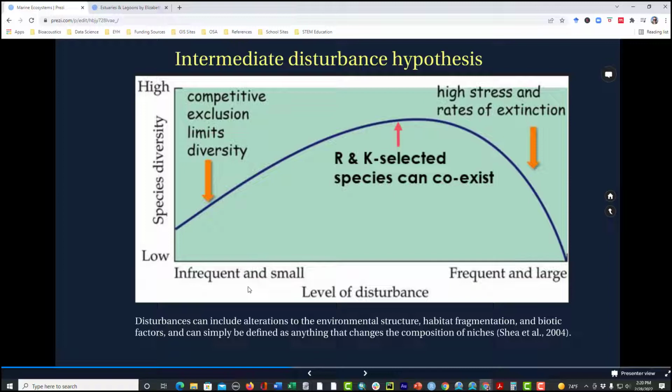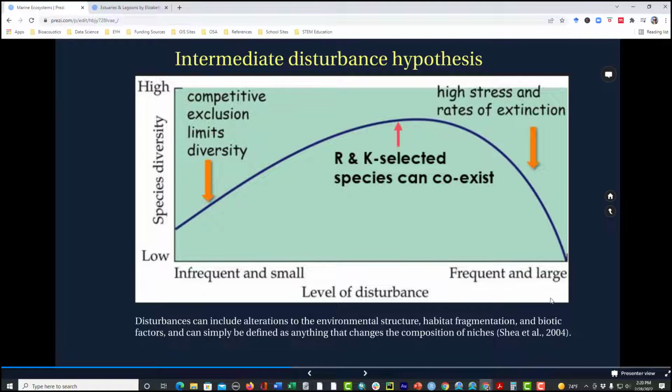And in those regions, you find that competitive exclusion will limit the diversity. Organisms found within the same region that don't need to compete don't have a large amount of diversity because of that whole competitive exclusion.